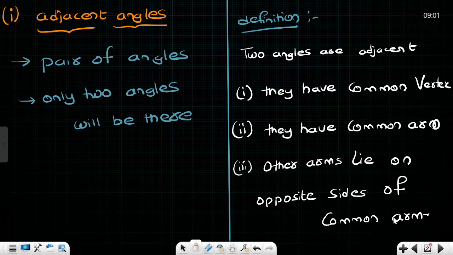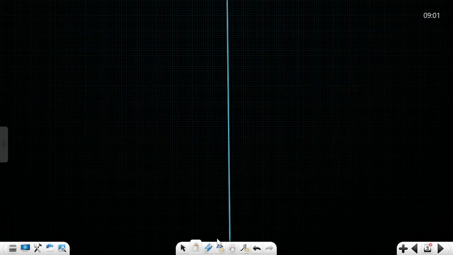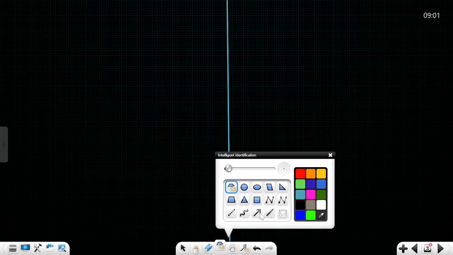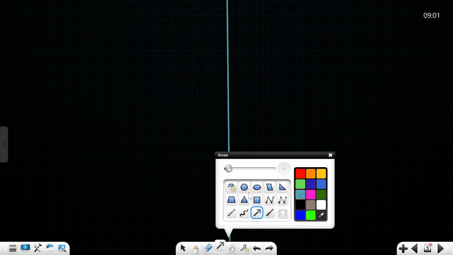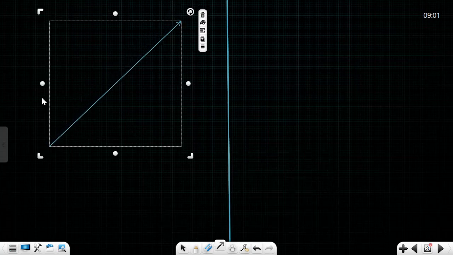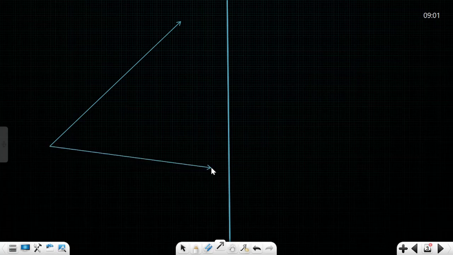Now, even though the definition looks very heavy, the understanding is very simple. First, how do you represent an angle exactly? See here, I think it's coming in black color. This is how we represent the angle.